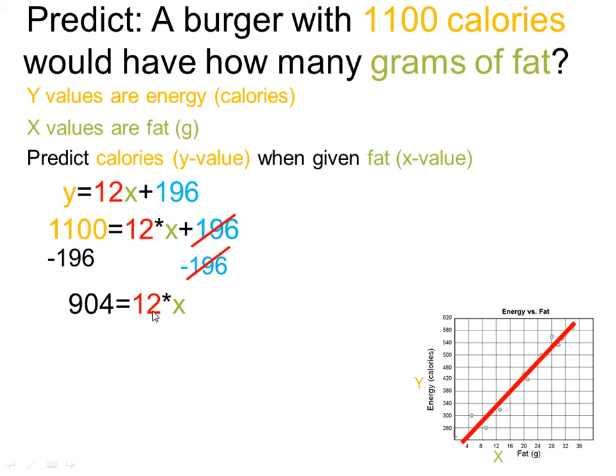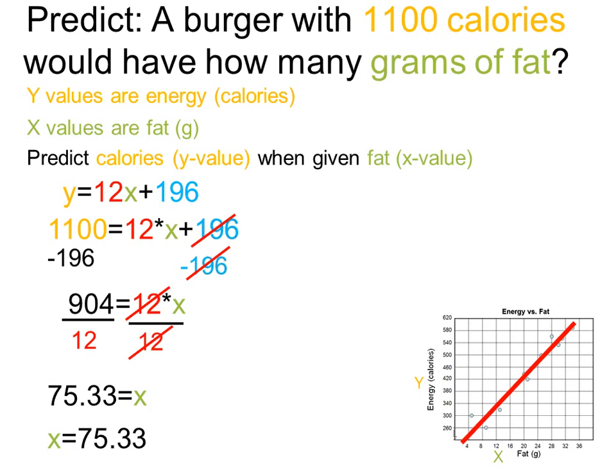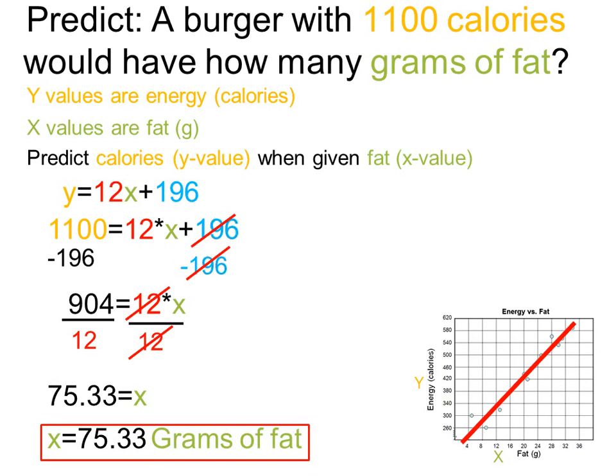To get 12 to cancel out, we need to do the opposite of multiplying, which is divide. So we divide both sides by 12. Again, 12 divided by 12 cancels out, and that leaves us with just x on this side. Then we take 904 divided by 12, and we get 75.33 is equal to x. Therefore, our final answer is 75.33 grams of fat.